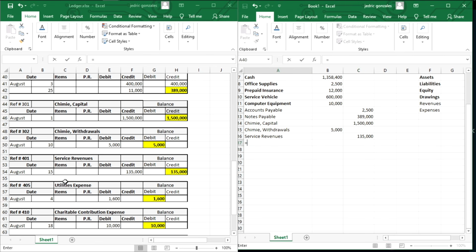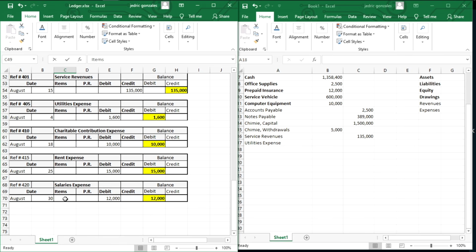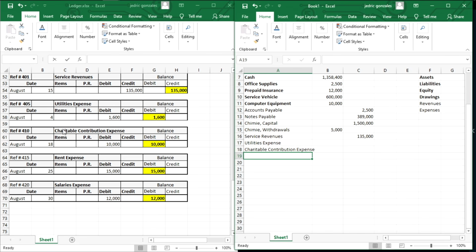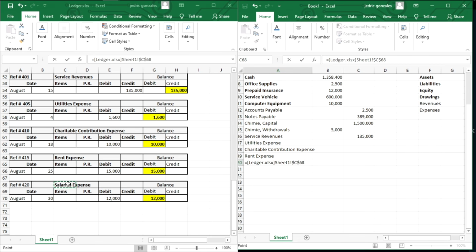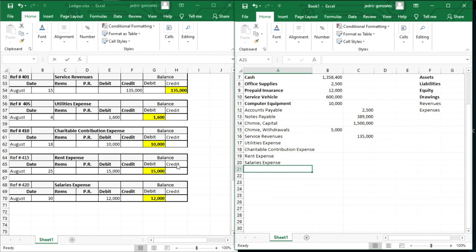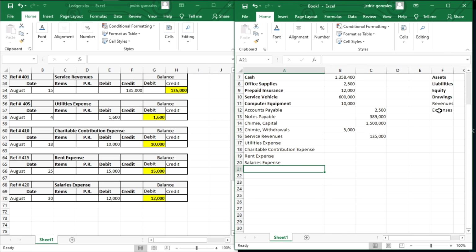Let's just copy all the expenses first. Utilities expense. And then, ang sunod natin si charitable contribution expense. Then, rent expense. And lastly, salaries expense. Okay? Now, si expenses naman, ang normal balance niyan ay debit.